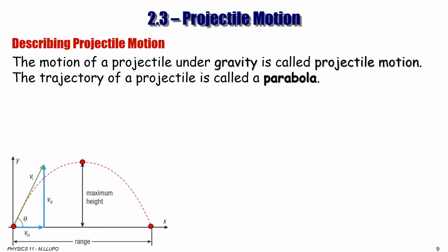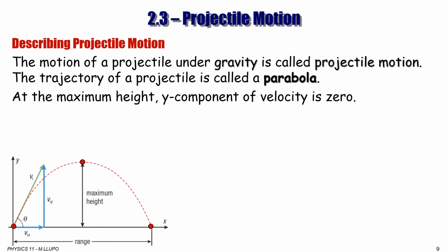So, in order to understand the shape of the parabola, you can analyze the initial velocity. And you can resolve initial velocity in two components, an x component and a y component. Y component is going to affect maximum height. So at a maximum height, the y component of velocity is going to be 0.